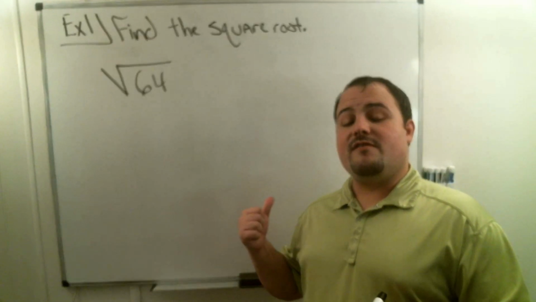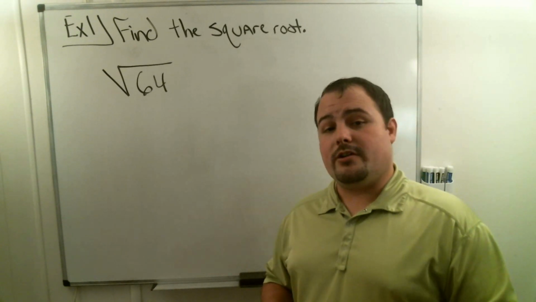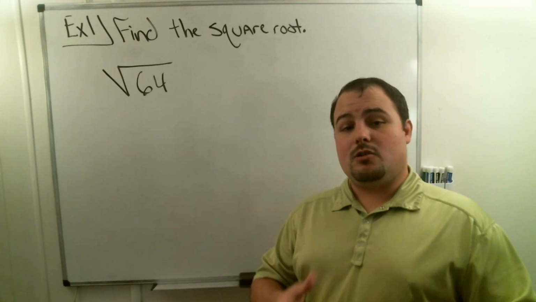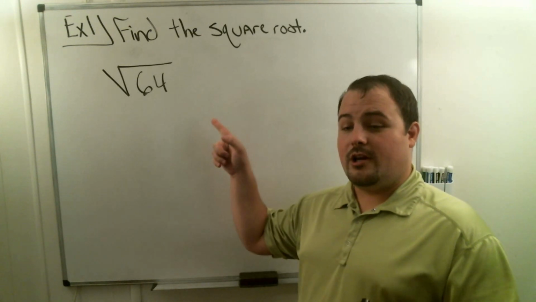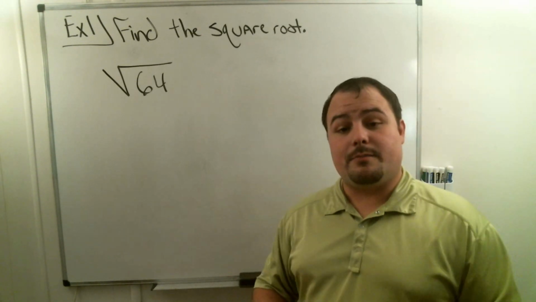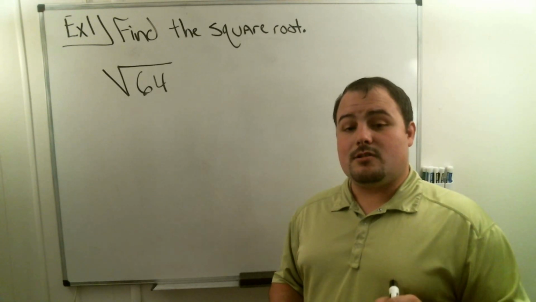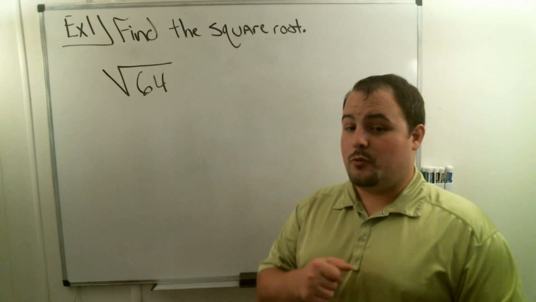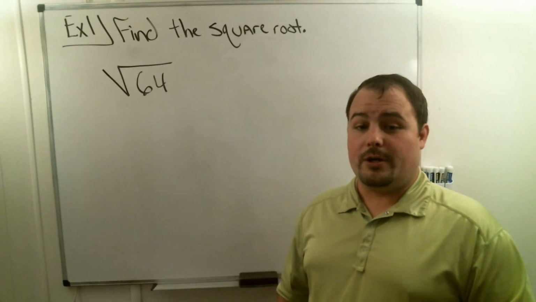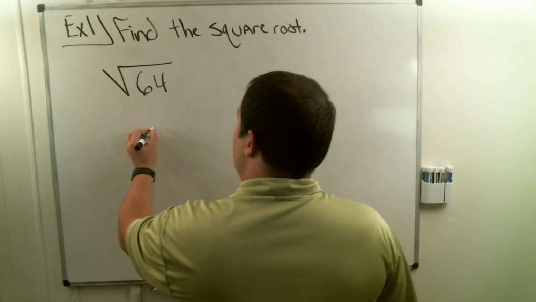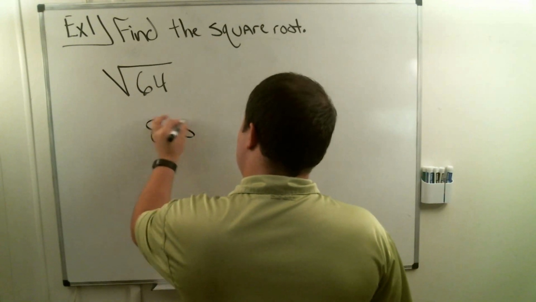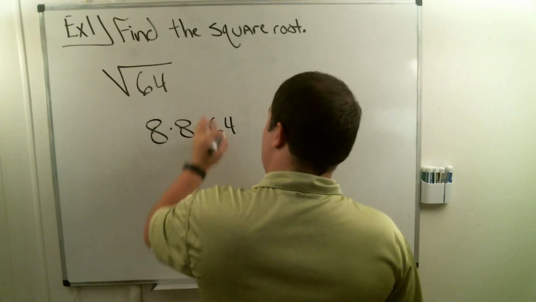If you remember the previous slide, we talked about perfect squares. A perfect square is two of the exact same whole numbers that multiply to make one number. And 64 is a perfect square. So since it's a perfect square, what two whole numbers do we know make 64? 8 times 8. So we know that 8 times 8 is 64.